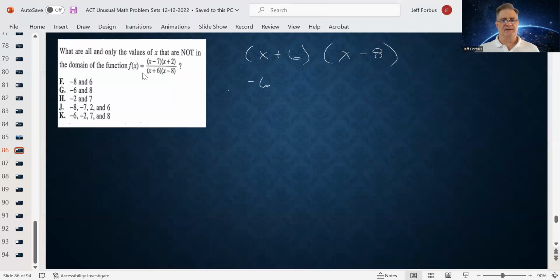So -6. So -6 plus 6 makes that factor equal to 0. Therefore, multiplying the two factors together would make the denominator equal to 0, and that's undefined. So our first number is -6.